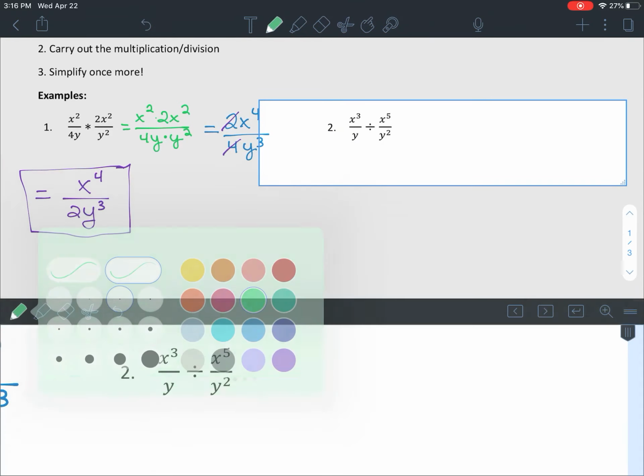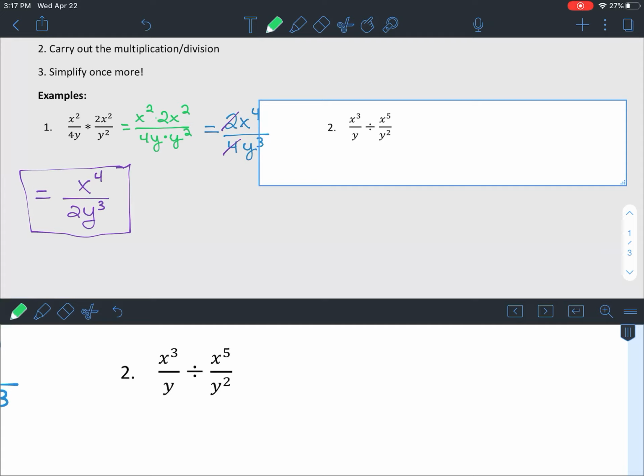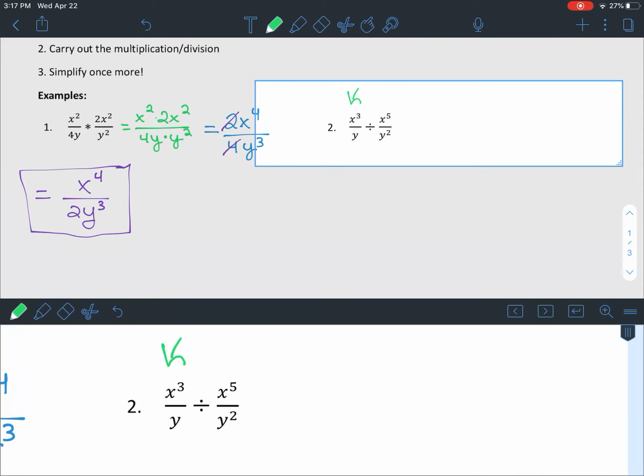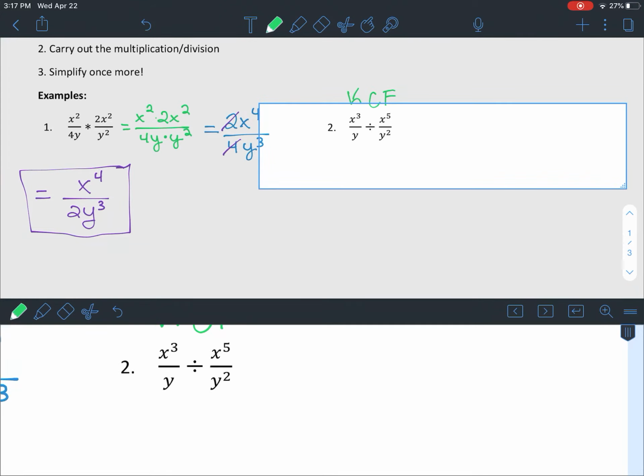All right, so if I have a problem such as this one, again, I can't simplify anything from here or here before I do my division. So this is where I do my keep, change, flip, KCF.